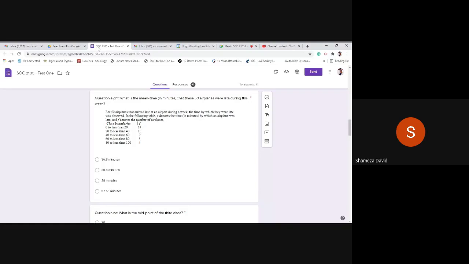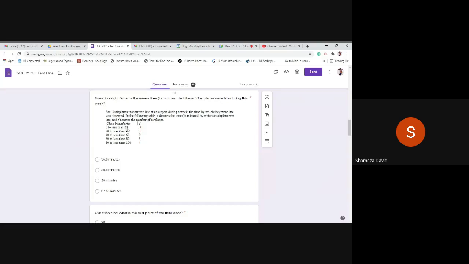Now, if you recall, the formula that we use for finding the mean for grouped data is the sum of the midpoint times the frequency, divided by the sum of the frequencies. And so that would have required you finding the midpoints for each class.